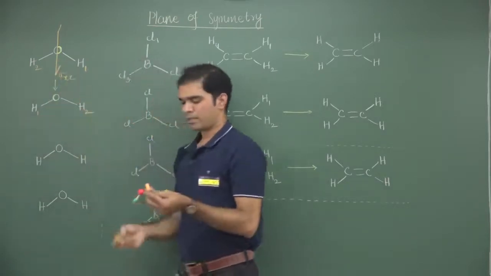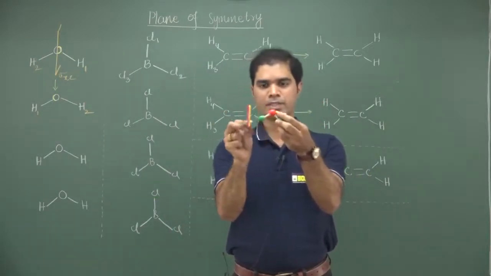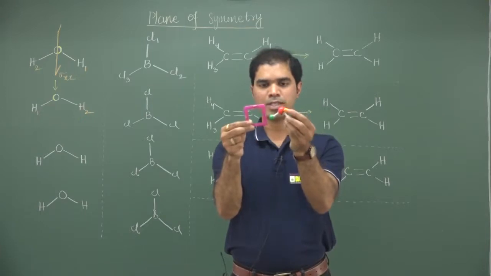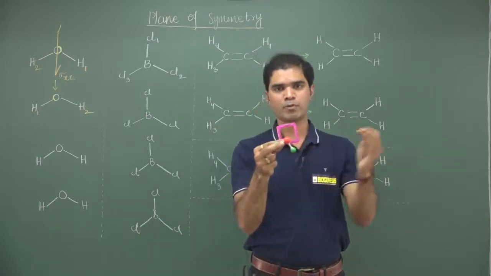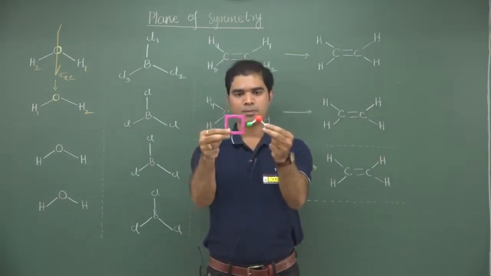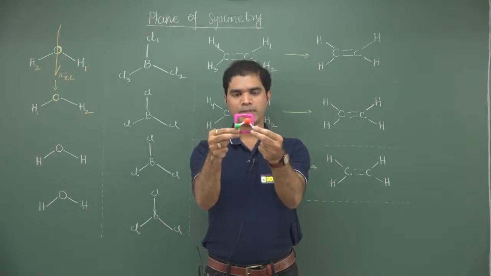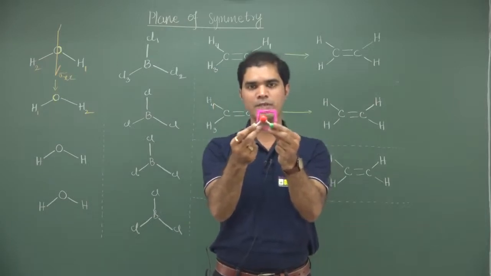That is one plane. Now let me show another plane. This was the first one. Now let me show a second plane. This is called a molecular plane, because a plane that passes through every atom of a molecule you can call a molecular plane. Now this is passing through every atom of the molecule. And once I pass this plane, since it is passing through every atom of the molecule, all the atoms will not shift their position.